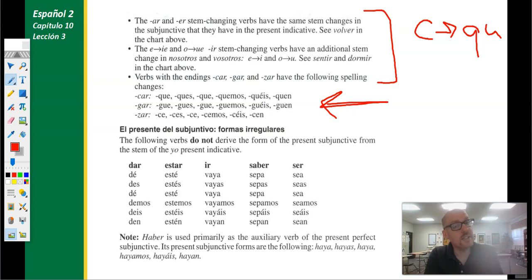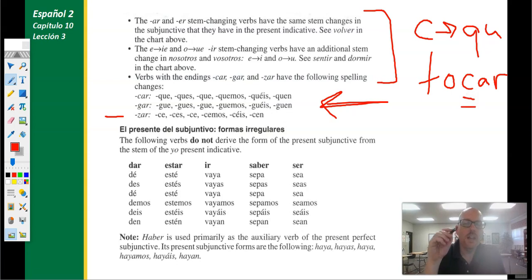And then the same thing for ZAR. The z then would become ce, ces, ce, cemos, and cen. Be very careful with those spelling changes. Remember, you've got to maintain the sound of the infinitive. So like for the verb tocar, to touch or to play, in the infinitive, that sound, that c says k, k, k, tocar.